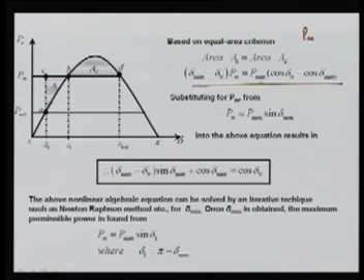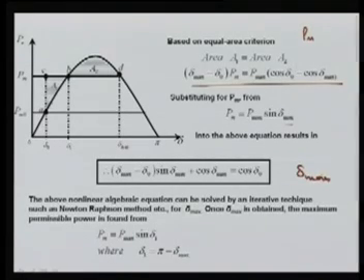Now here, the PM we are getting is again equal to P max sin delta max. We can get this point, and then you can substitute this, so we will get an expression for the delta max value.